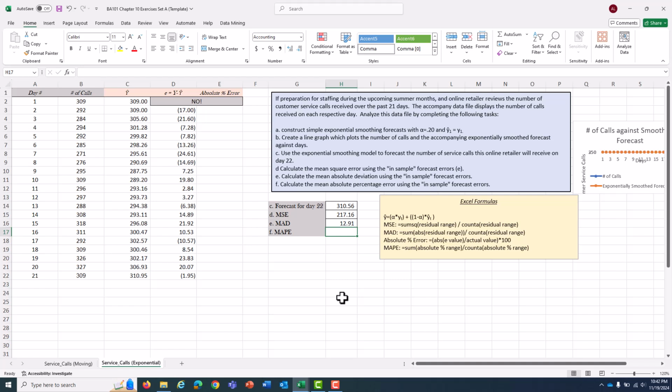And lastly, for the last measure of goodness of fit that we have, we're going to find the mean absolute percentage error. Well, to do that, I've got to first find the absolute percentage error of each residual that we have.